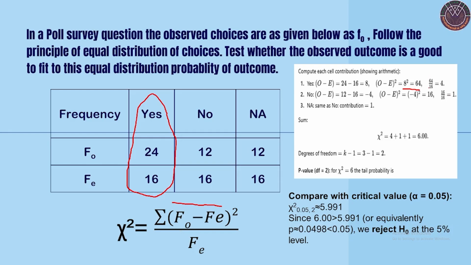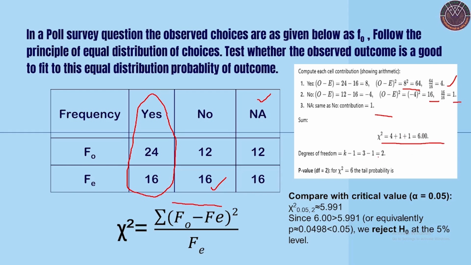So 64 divided by 16 is 4. Similarly for the no condition, the difference is 4, you square it and it becomes 16, and 16 divided by the expected 16 becomes 1. The same happens with the third category, with difference -4, squared and divided by 16, so we get 1. So the chi-square value is 4 plus 1 plus 1, 6.